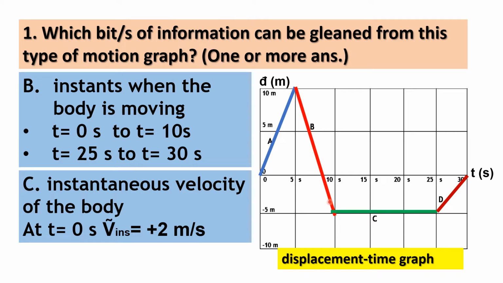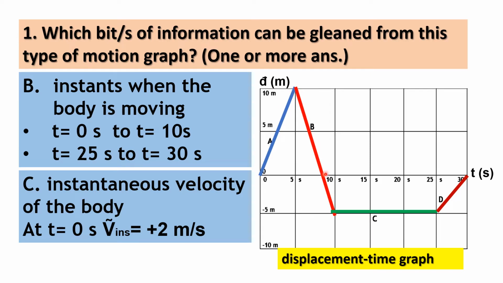A straight graph line suggests that the magnitude of the velocity does not increase nor decrease. It is constant all throughout from 5 seconds to 10 seconds. But is the direction of the velocity the same as that of graph line A? The answer is no.